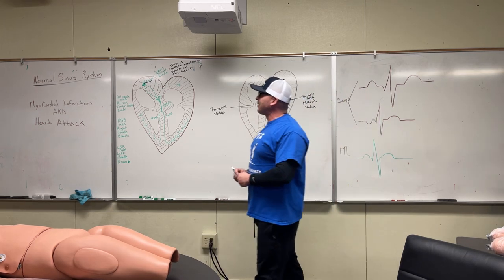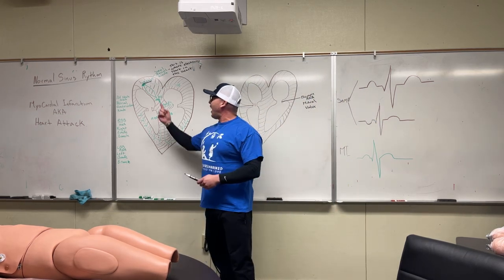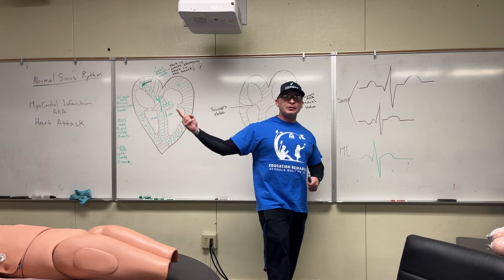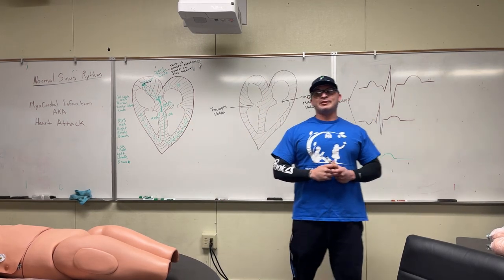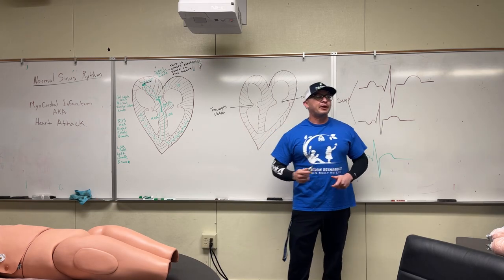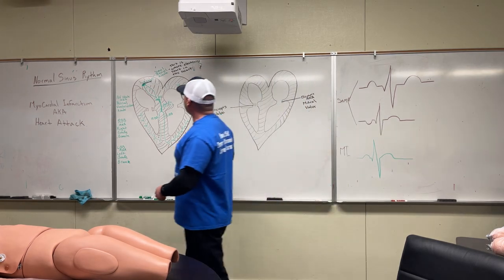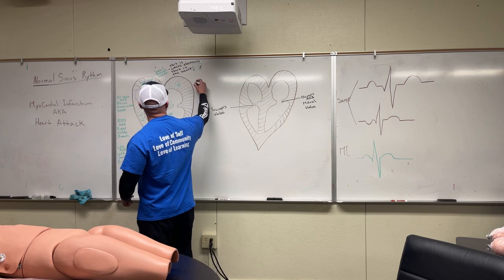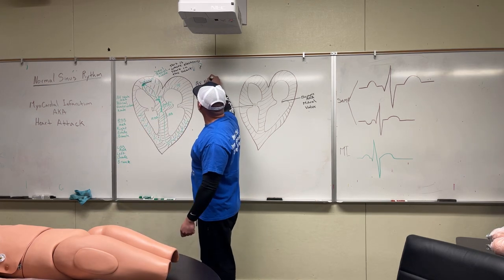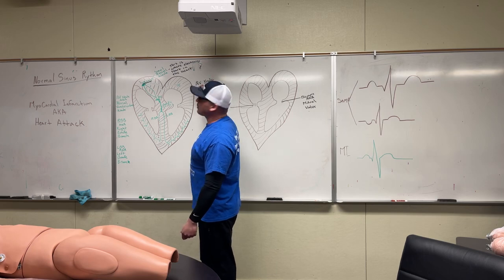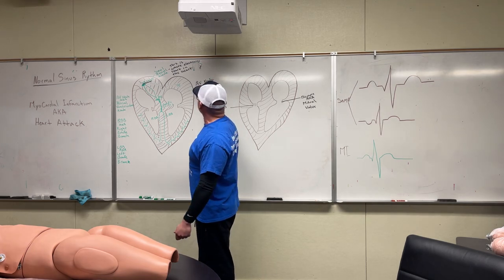Let me see, can anybody remember what happens at the AV node? I know it's been a while since we talked about the conduction system, but I'll break it down. So I'll do another note over here for the AV node. So we're talking about the action of what happens at the AV node.